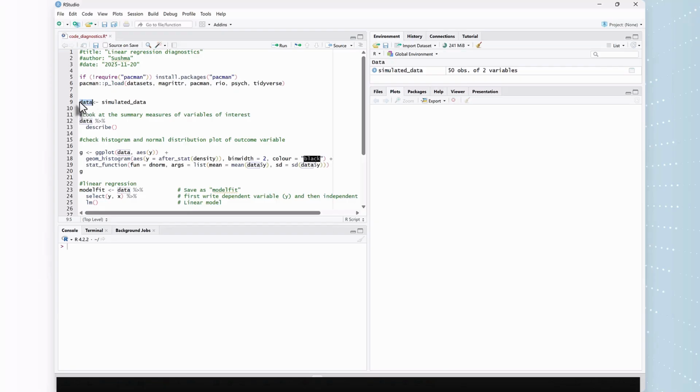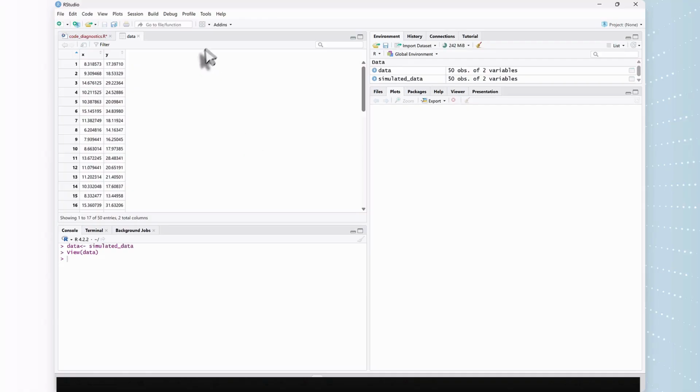And okay, I haven't. So let me run it. And here you can see that there are two variables in the data set, x and y. Here, x is the independent variable and y is the dependent variable, and both of them are numeric.